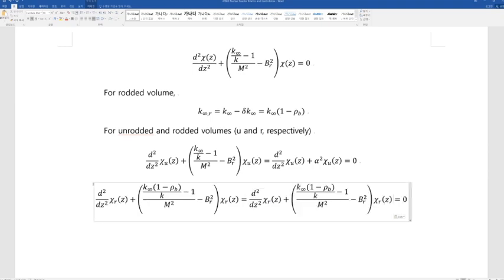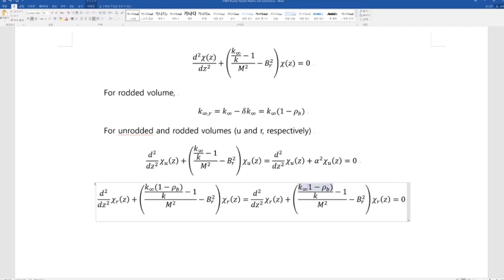And if we take out rho b, the reactivity worth of the control bank, then of course this will be separated by k.